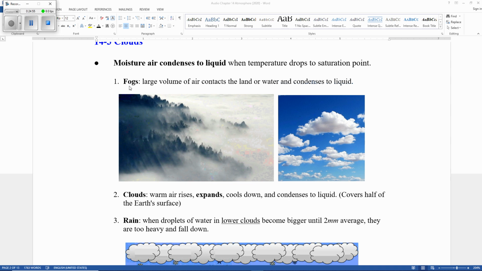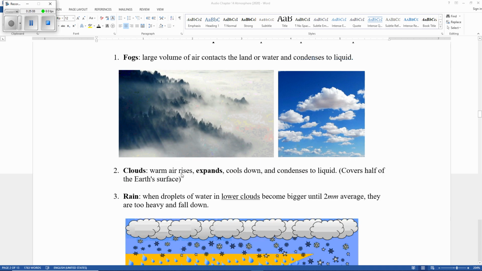That's the fog. Now if it goes up because of convection, so warm air goes up to the high sky, then condenses, that's cloud. So warm air rises, expands, cools down, and then condenses to liquid. Clouds cover about half of the Earth's surface.